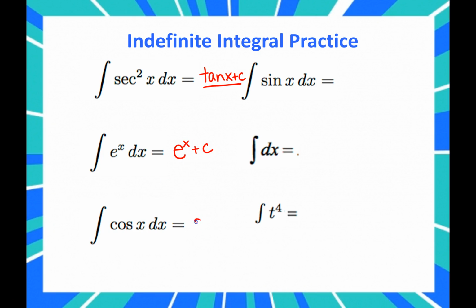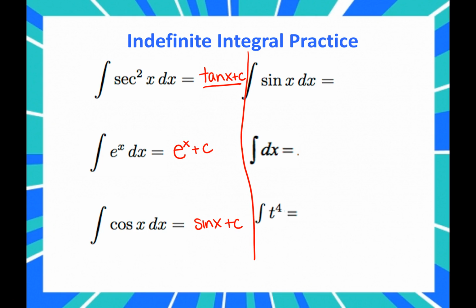I know my answer here is going to be a sine, and I check if it should be positive or negative. So the derivative of sine, remember Santa Claus is good, is a positive cosine, so I'm good there. I don't have to change that at all. And then plus c.